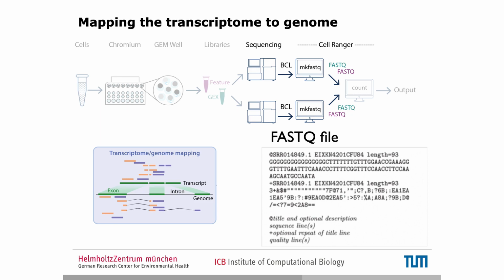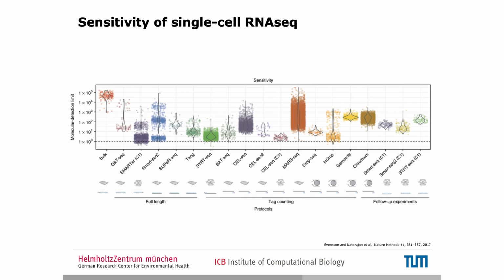Okay, let's go back to data. So now we can go into the details of single-cell RNA sequencing. I would like to show you one property of single-cell RNA sequencing, which is the so-called sensitivity. Don't be shied away by this huge plot. You see there's at least 20 different protocols around that do some kind of RNA sequencing.